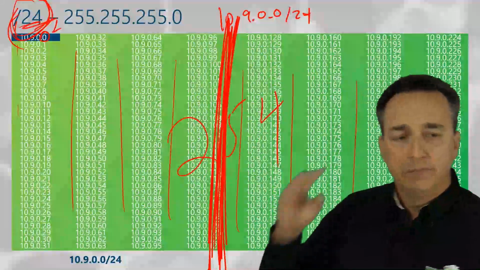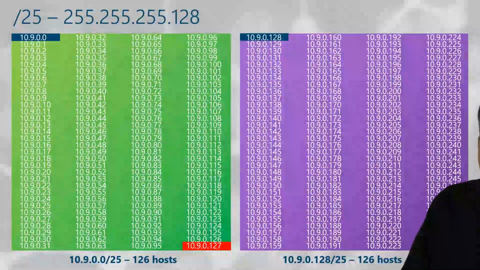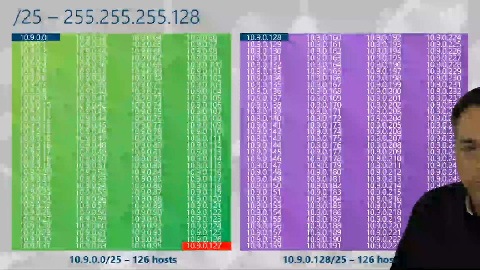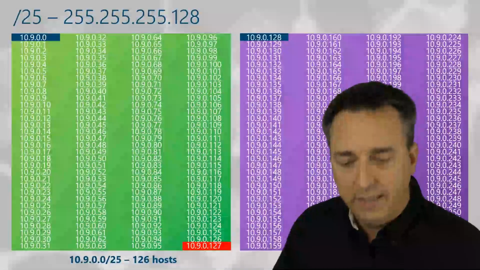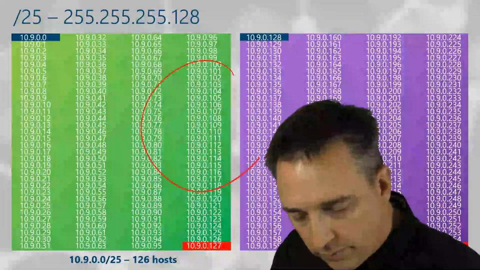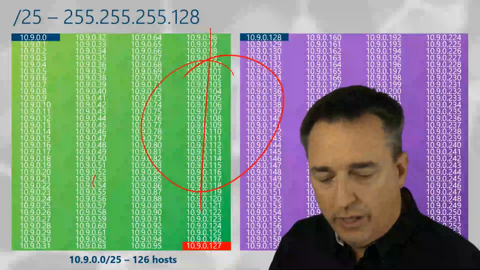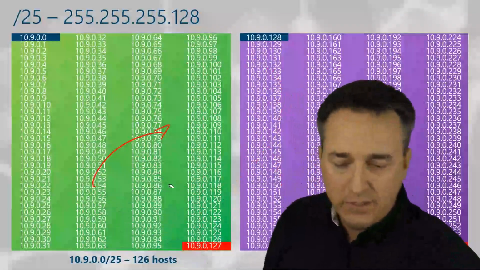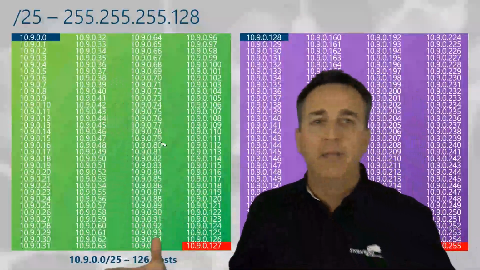What's going to happen? Pizza, cut. What do you have? Two halves. Take your /24, cut it in half. You have two halves, and there's your new subnet mask. That's subnetting.